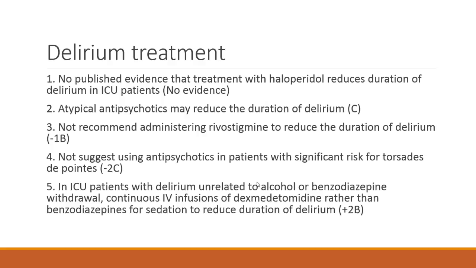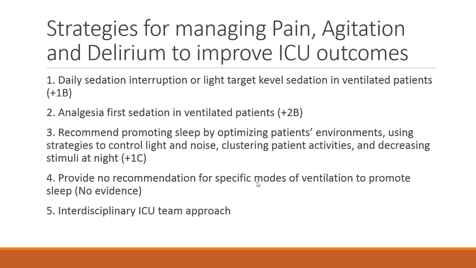And they did not suggest using antipsychotics in patients with significant risk factors for TdP, which is clearly understandable. And that in ICU patients with delirium unrelated to alcohol or benzodiazepine withdrawal, interestingly, they recommend that perhaps Precedex may be a more beneficial alternative to benzodiazepine use for sedation and to reduce duration of delirium, which again, we saw some data in the earlier studies we talked about.